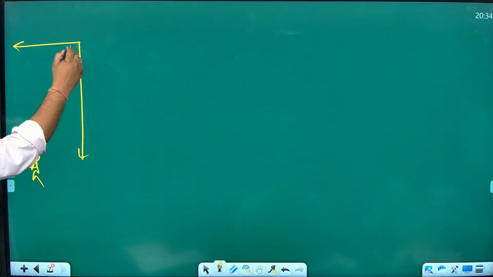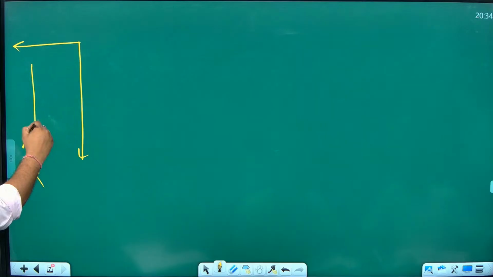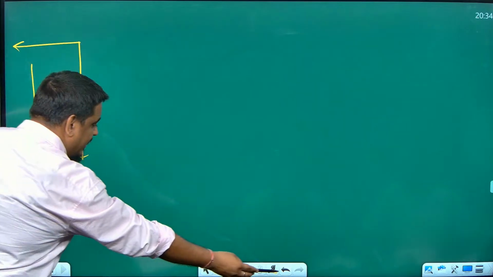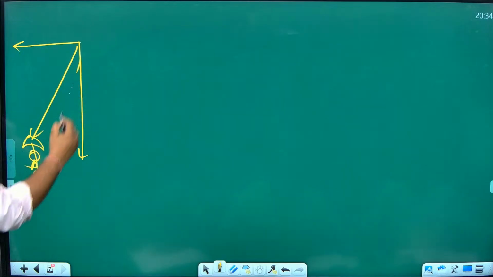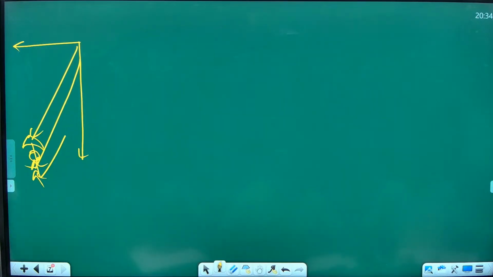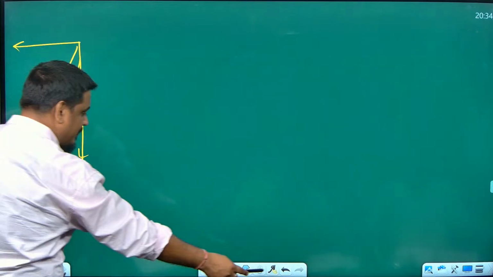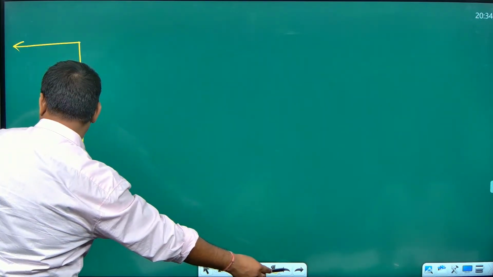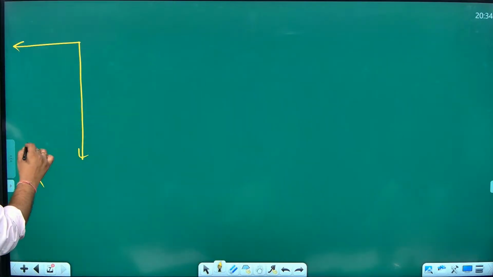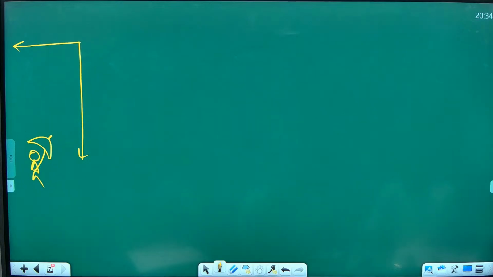If rain comes in vertical direction, no problem, he can save himself. But if the rain comes like this, it will hit his body. What should he do? He should tilt the umbrella. Am I right? Like this, for saving himself. They are asking with what angle should they tilt the umbrella? That is the question.